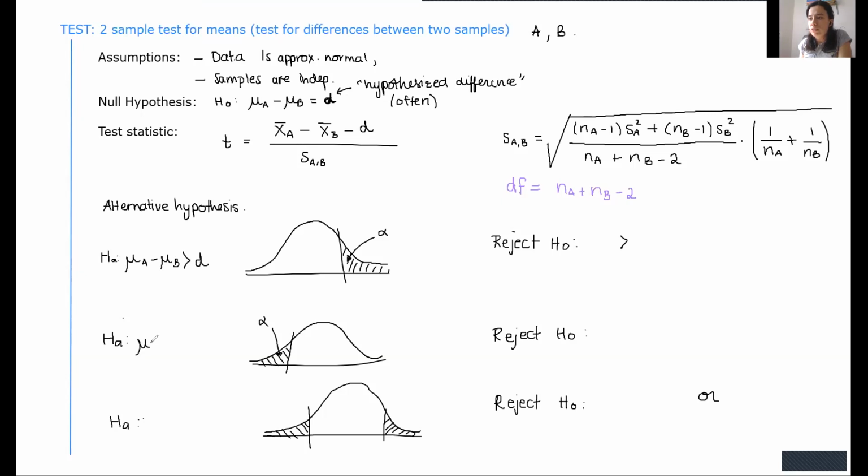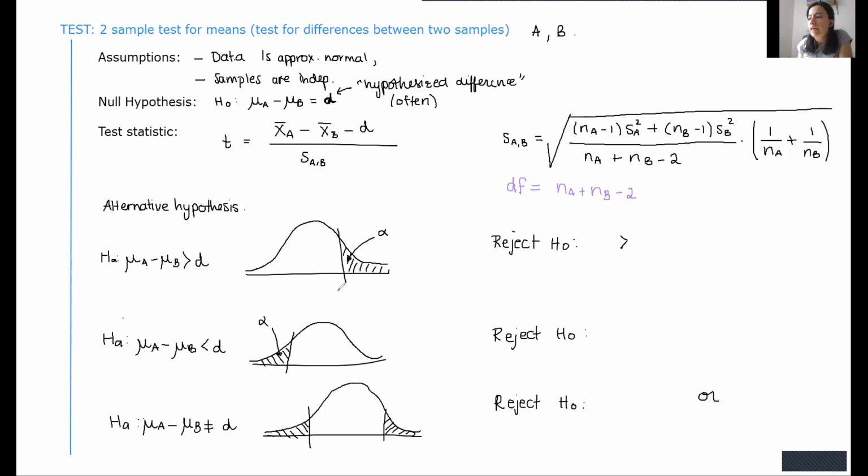Or maybe I'm trying to contradict that it is equal to D by saying it's actually smaller than the number that I started with. Or maybe I don't care about whether it's larger or smaller than that number. I just want it to be different than that number.